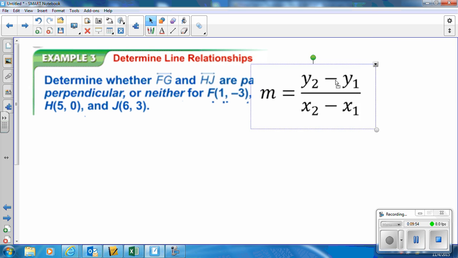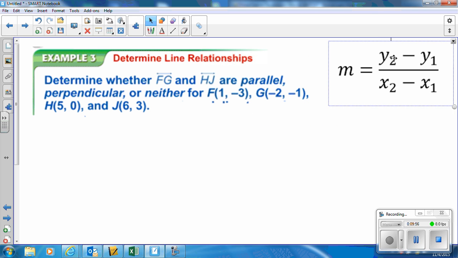Here's my equation. If I look at points F and G, one of those will have to be my x1, y1. One of those will have to be my x2, y2.